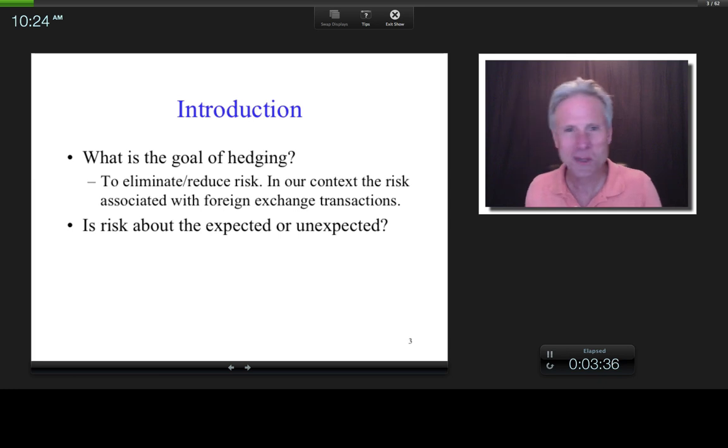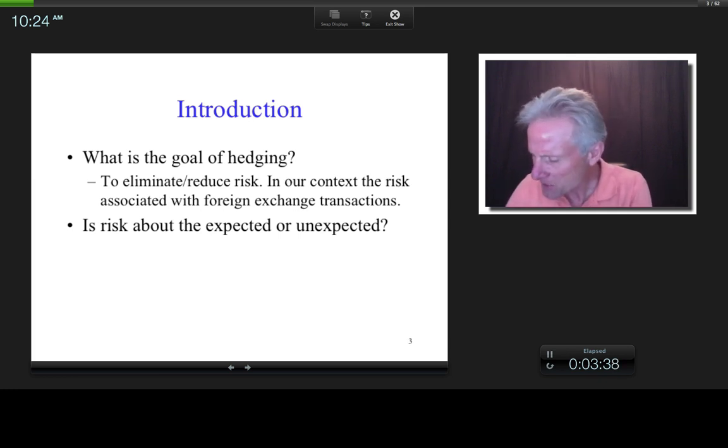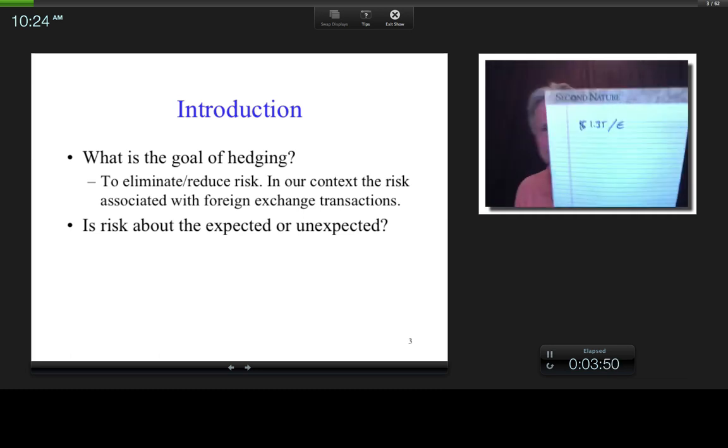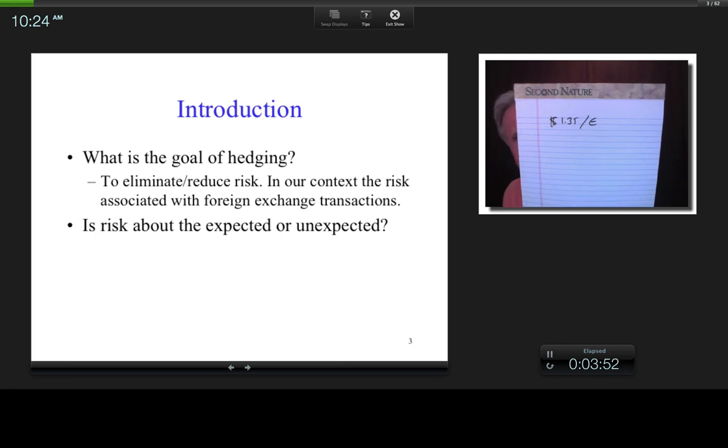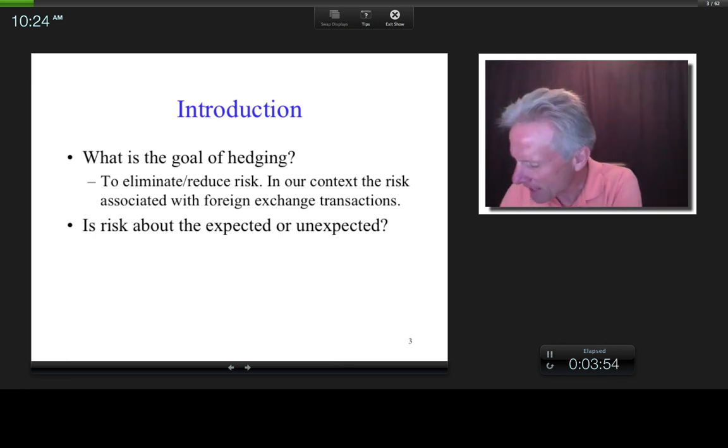Suppose, and I'm making this up, let's say right now the exchange rate for the euro is $1.35 per euro. And let's say today that the market expects the exchange rate in 3 months, and again I'm making this up, to be $1.40 per euro.